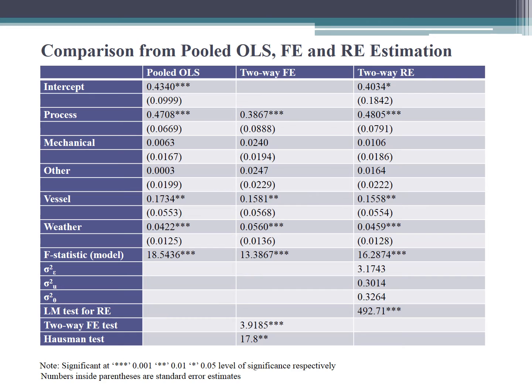But we can't say mechanical and other have any significance on average lock delay time. So we have variance for the composite error term, variance for the individual or lock specific effects, and variance for the time period specific effects in our two-way random effect estimation.